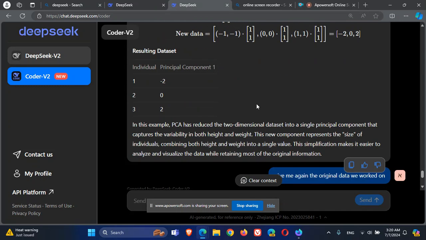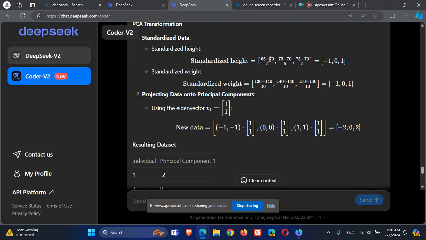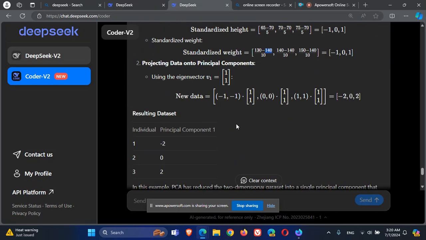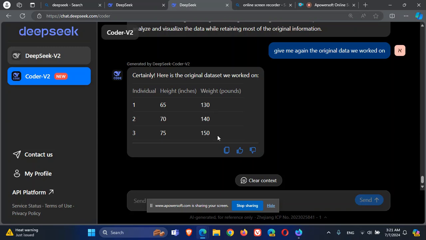We take the value, we take the mean of the height of all the individuals, which is 70, and we divide by the standard deviation of the height. We do the same for weight. The mean for weight here is 140, and the standard deviation is 10.